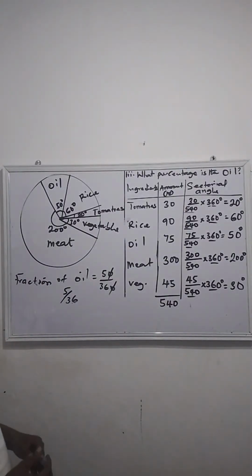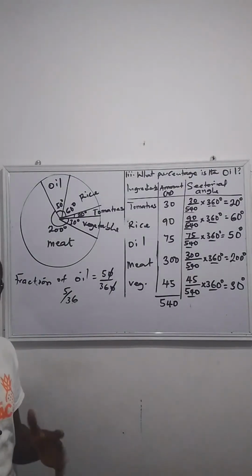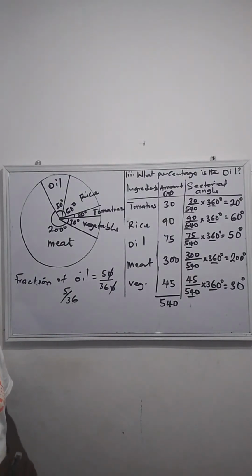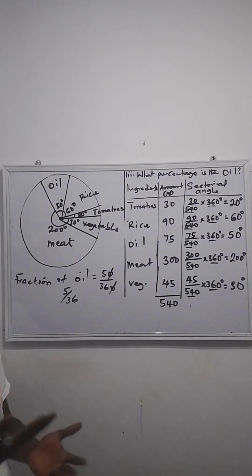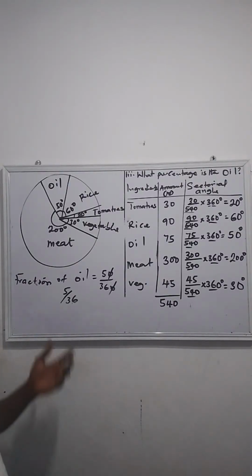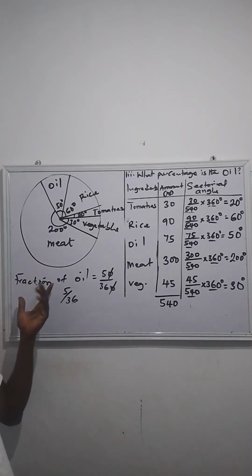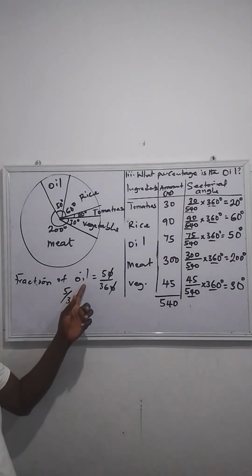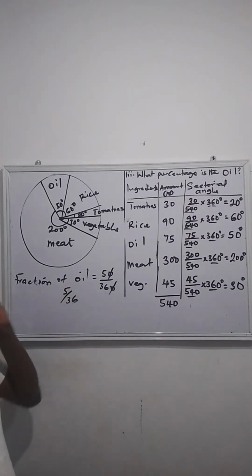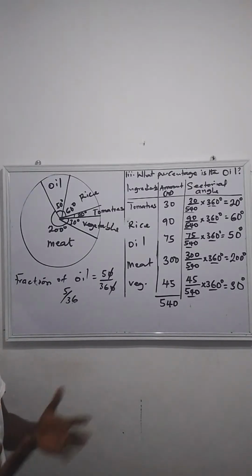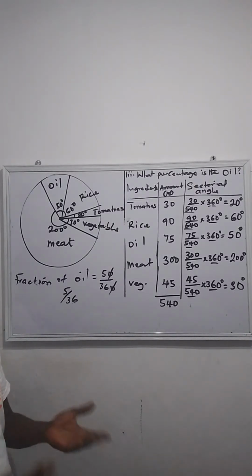Now, don't forget, I told you the last time that when we say 100%, it's the same thing as 1. When I say 100 over 100, 100 divided by 100 is the same thing as 1. So if I'm converting, I want to find the percentage of oil. It's just a fraction of oil times 100%. That gives me the percentage of oil.